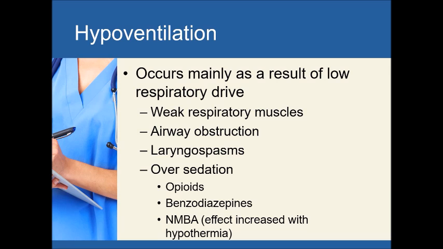Hypoxia occurs, and when hypoxia occurs, then there's ischemia to cells. So when there's ischemia to cells, then whatever organ is affected by the ischemia will manifest certain signs. For example, in the heart, any ischemia or damage to heart cells can cause cardiac arrhythmias, which goes back to the first few slides that we talked about.